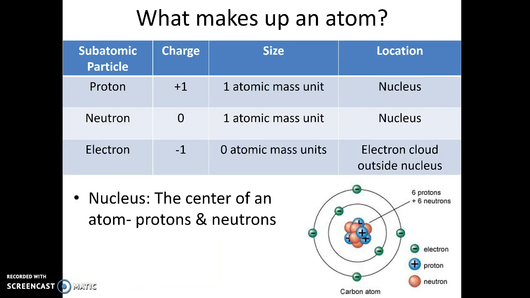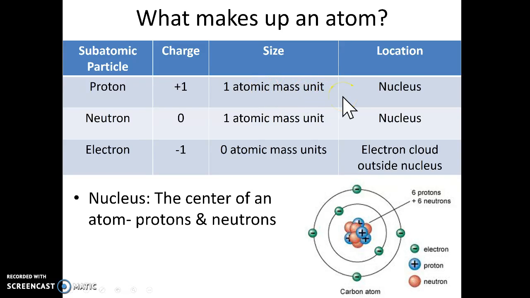What I'm going to add to now, you've done your little investigation to think through the relative size of these things. Protons, neutrons, and electrons are all very tiny, but relative to each other, protons and neutrons are going to be your bigger ones. We can see that reflected in the size. Protons and neutrons have what are considered to be one atomic mass unit.